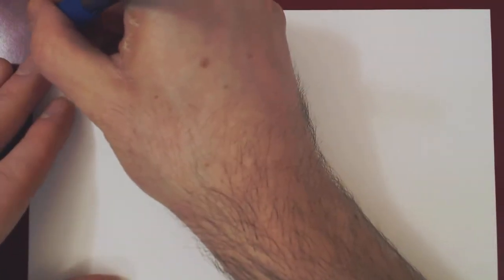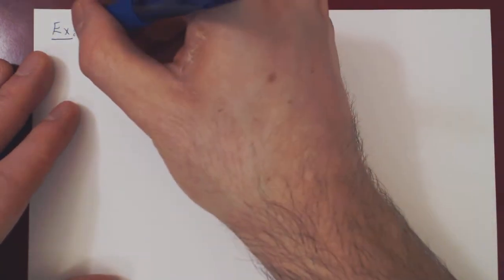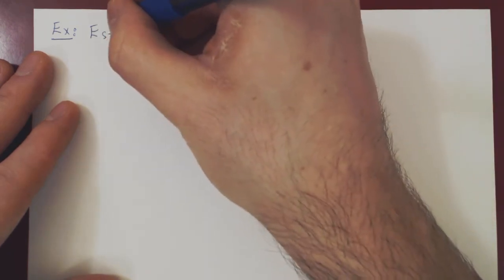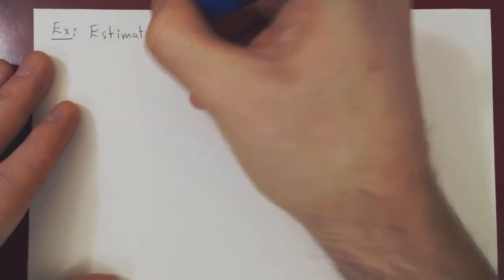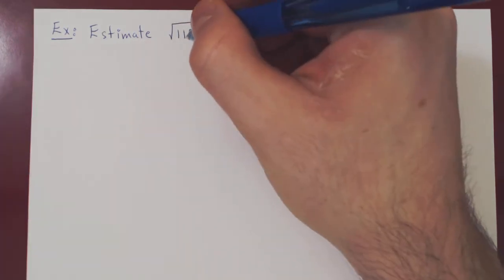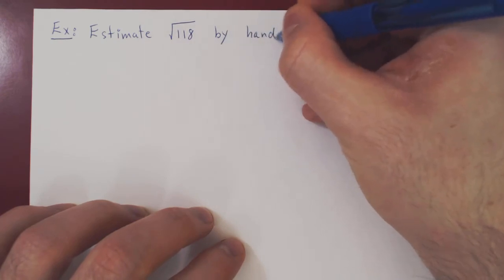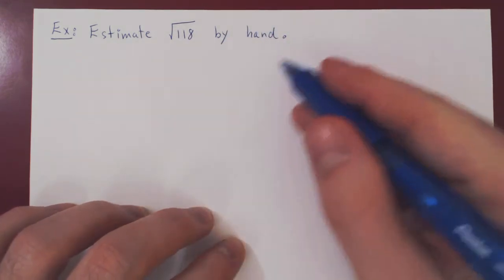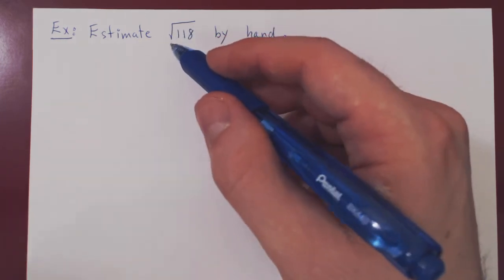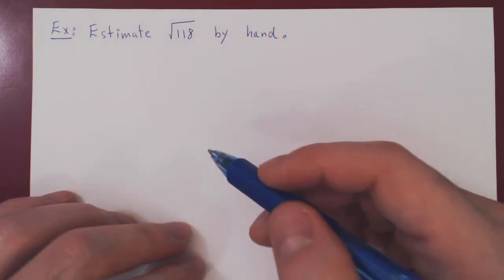So here's the question. We are going to ask to estimate, or if you prefer approximate, the square root of 118 by hand. So we're trying to approximate the best we can with what we have so far, the square root of 118.